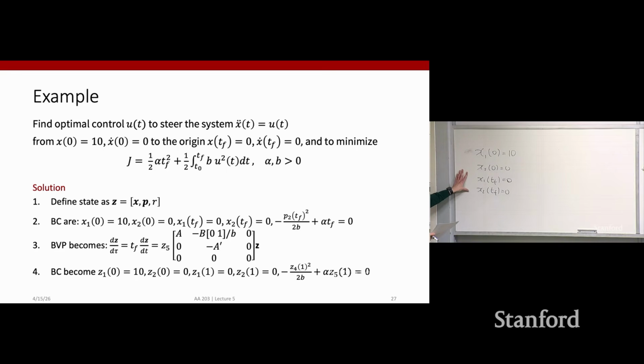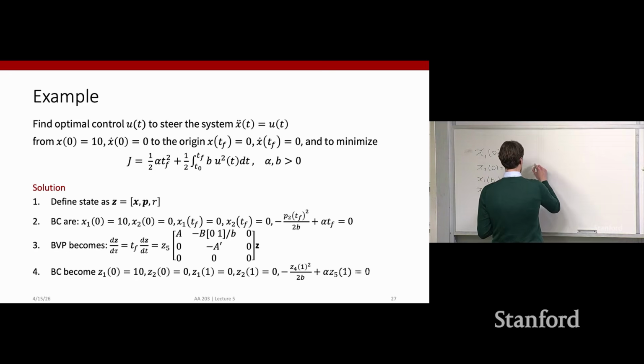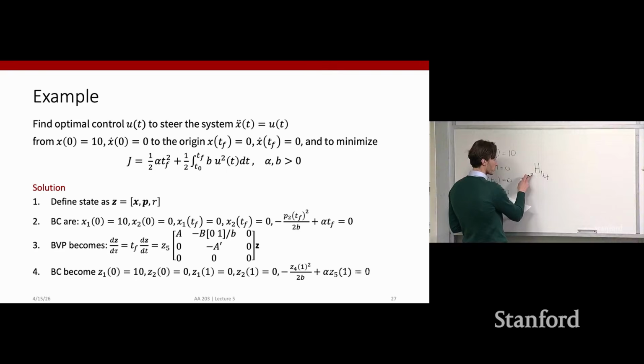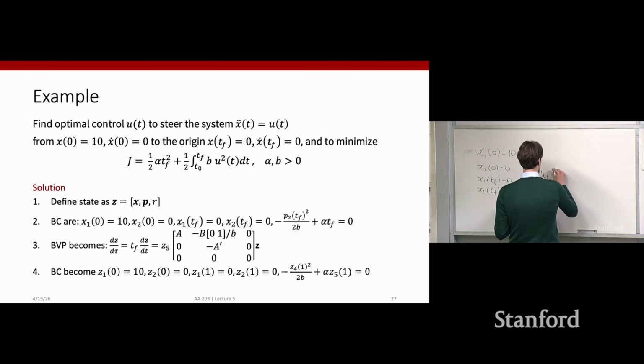There we have 5 constants of integration that we will have to pinpoint. And so the additional boundary condition comes from our master boundary condition, where this depends on whether the final state or the final time are fixed or free. And in this case, the final time is free. So if you remember from the past lectures, this additional boundary condition entails setting the Hamiltonian evaluated at the final time plus the derivative of the terminal cost in t, also evaluated at the final time, to 0.